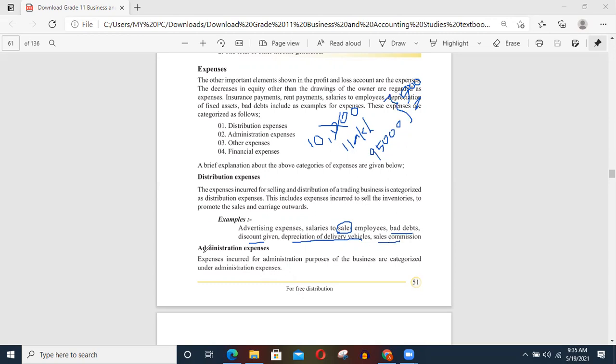And the next one is administration expense. This is the second expense which we are going to learn. This is expense incurred for administration purpose, more like running the business day to day. When you have an expense for administration purpose, or something that is happening more often, that's called administration expense. Now let's look at some examples for that.